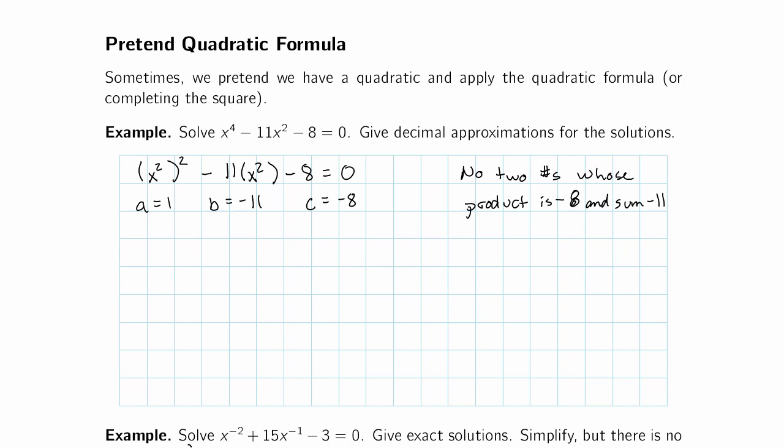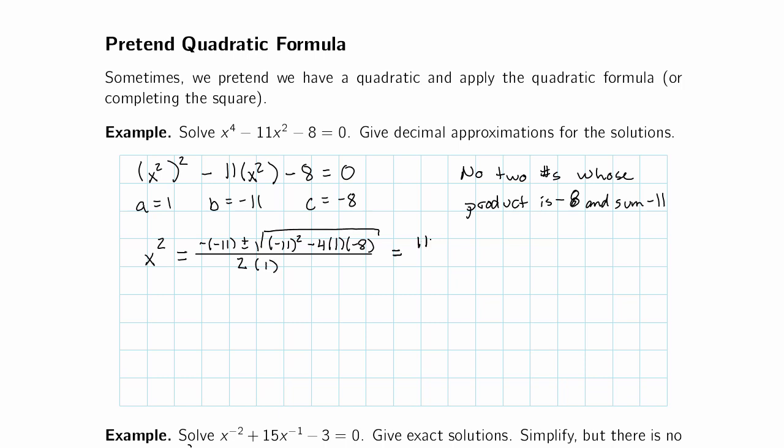And so not x, but x squared here equals the opposite of -11 plus or minus the square root of -11 squared minus 4 times 1 times -8 all over 2 times 1.